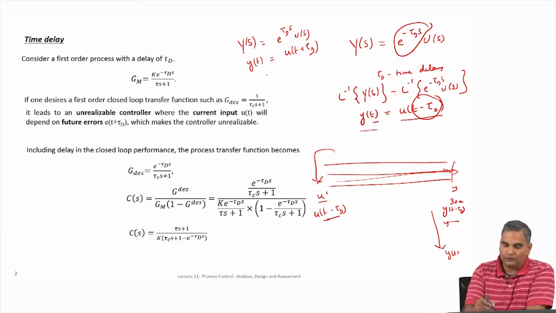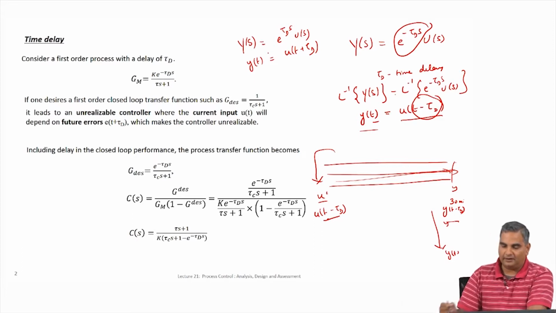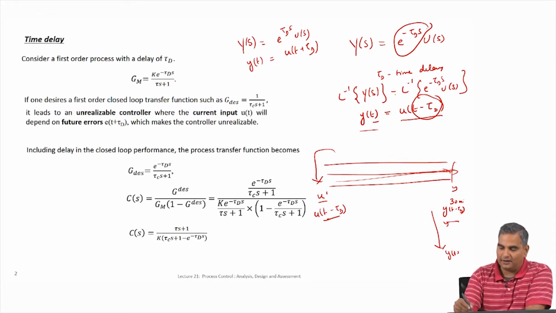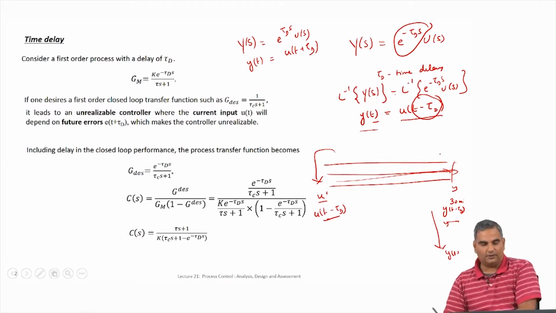You might ask why I should look at this. I can write this equation as u of s is e power minus tau d s times y of s. That is the reason why we have to look at forms like this. But just so that you understand, whenever I multiply by e power alpha s, then y of t is u of t plus alpha. If this alpha is negative, correspondingly it will be minus tau d; if it is positive, it will be plus tau d, and so on.